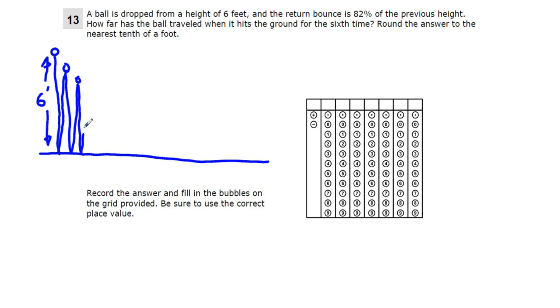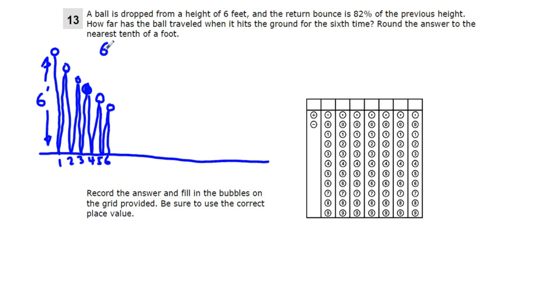Okay, that's heading for the 3rd time. 0.82 of that. Coming down, that's for the 4th time. 0.82 of that for the 5th time. 0.82 of that, and then coming down for the 6th time. So that's 1, 2, 3, 4, 5, 6.